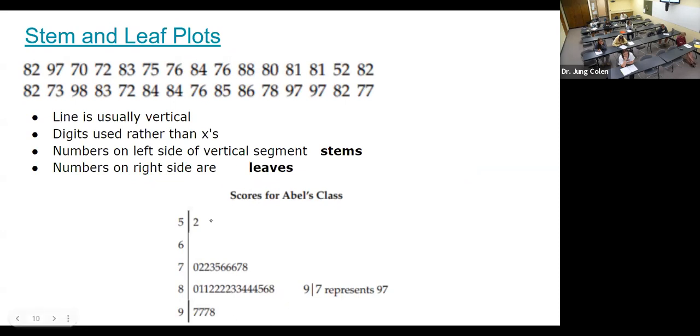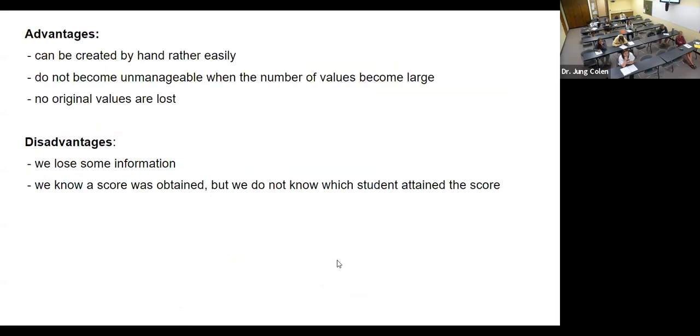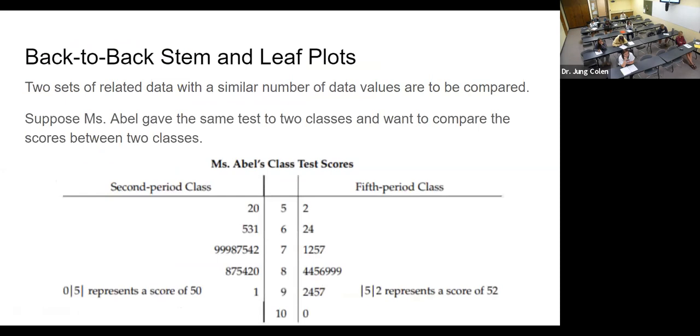So 52 does not mean the first student's score is 52. We do not know who has what score, right? We know a score was obtained, however, we do not know which student obtained the score. So we don't have all the information using stem-and-leaf.